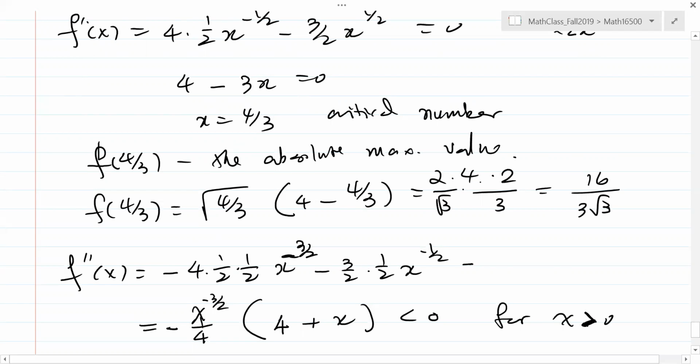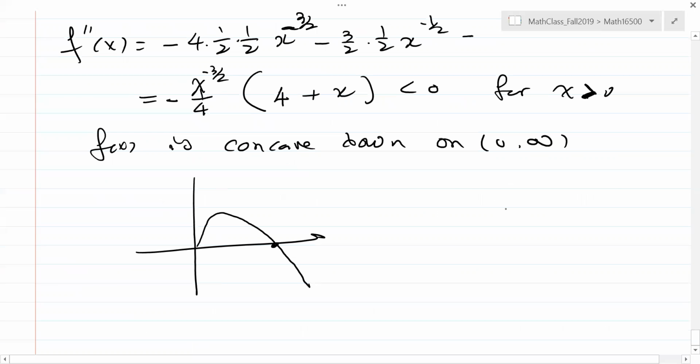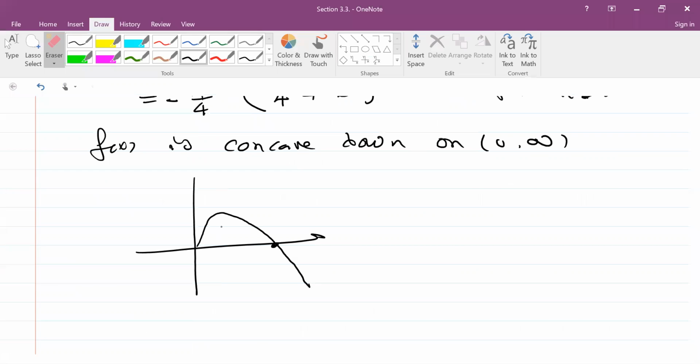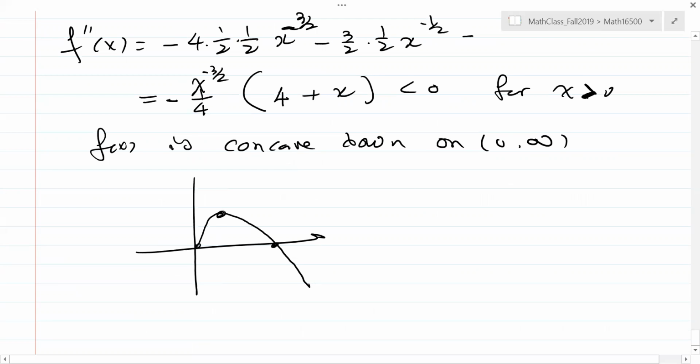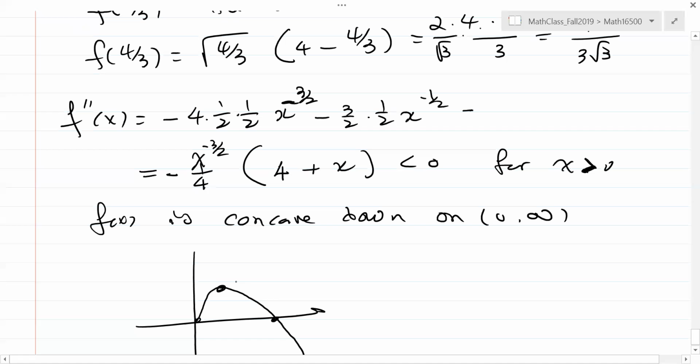Yeah, so this is always negative. I thought it was going concave down, then concave up. It looks like that, right? But it's not. It's always concave down, and that's possible. And this is the absolute maximum value. Here's 4/3, and f of 4/3 is the highest point on the graph.